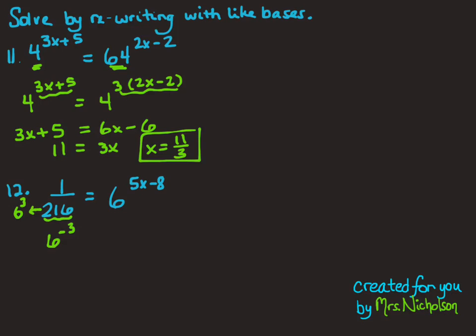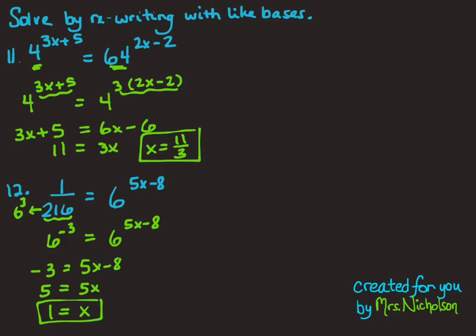I can write it with a negative exponent because it's in the denominator, and that would be equal to 6 to the 5x minus 8. And so now that I have like bases, my exponents must be equal to each other. And 5x is equal to 5 if I add 8 to both sides, and then I divide by 5, and x is equal to 1.